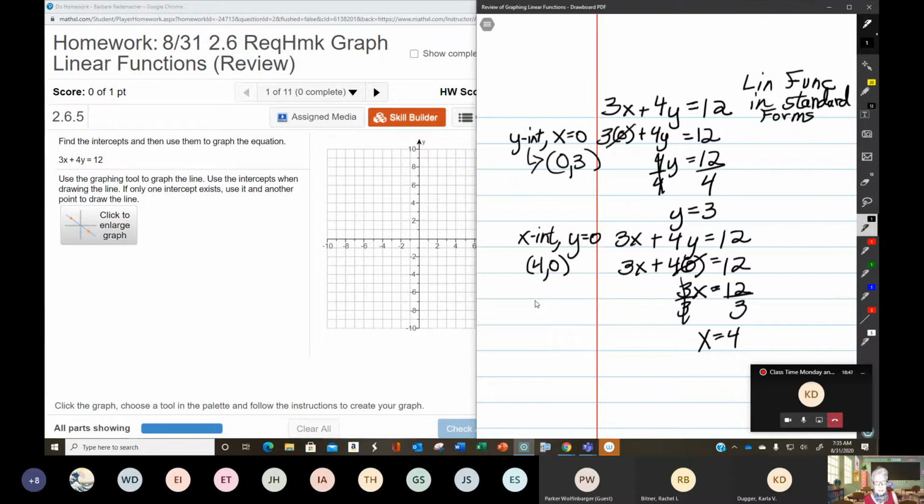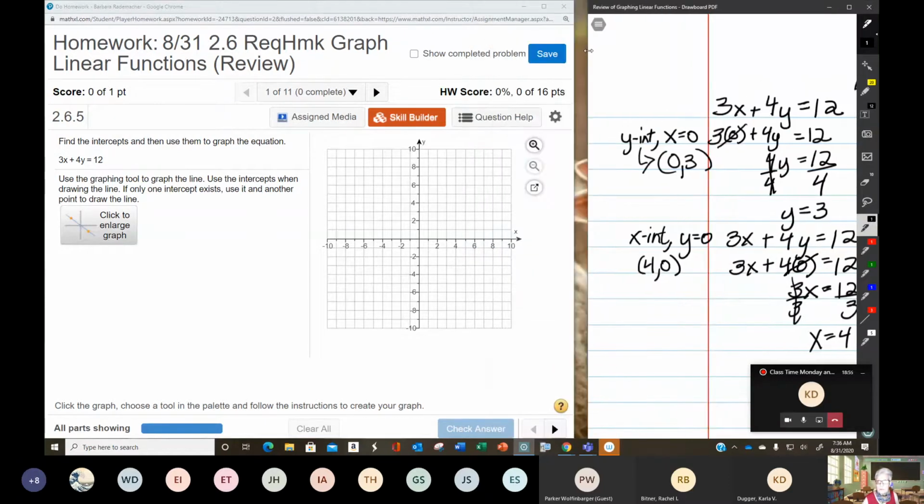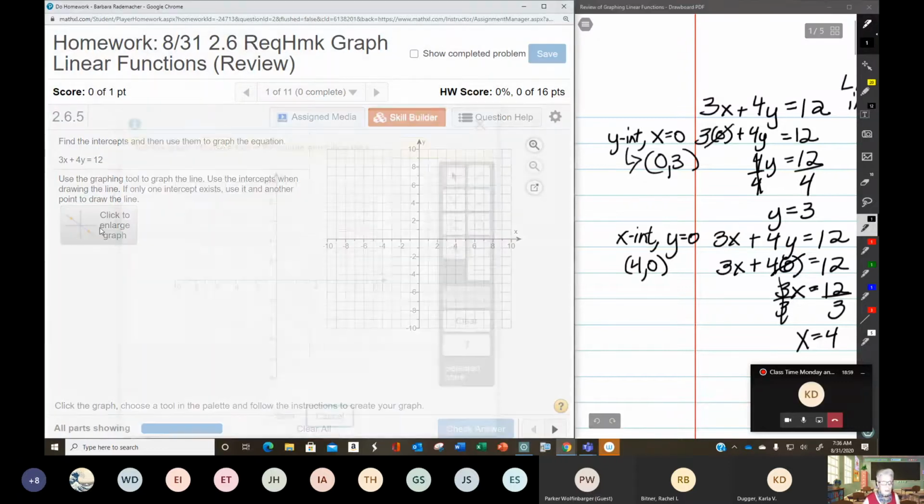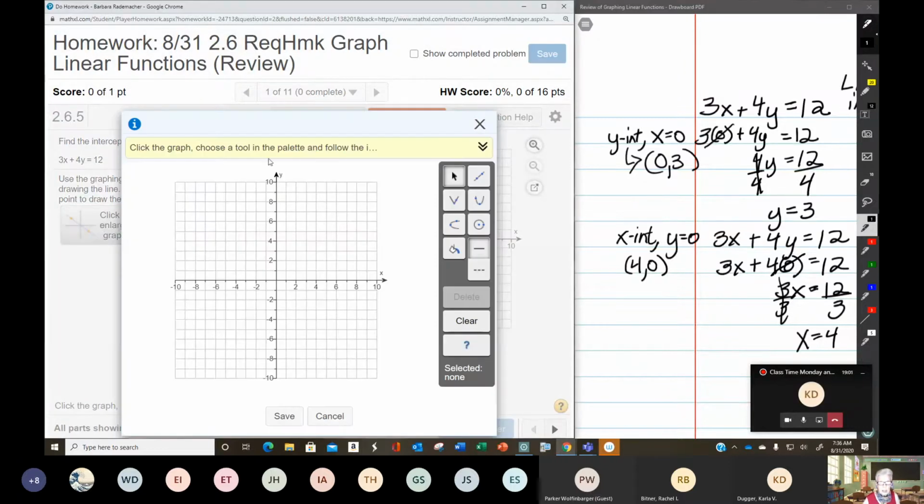this problem. So now that I have my y-intercept and my x-intercept, I'm going to pull this over so I can still see it. And I'm going to click to enlarge the graph. I'm graphing a straight line. Up here on that yellow banner, it tells you what to do.